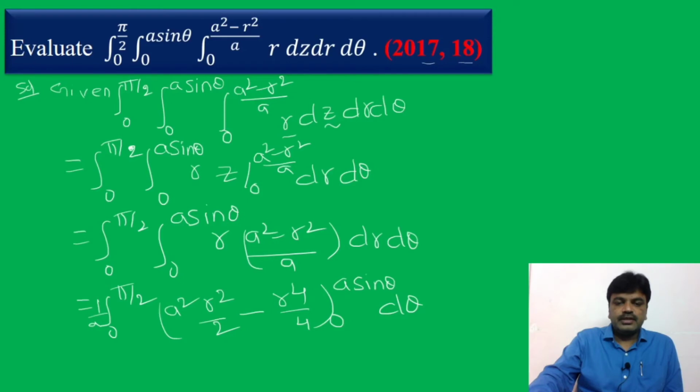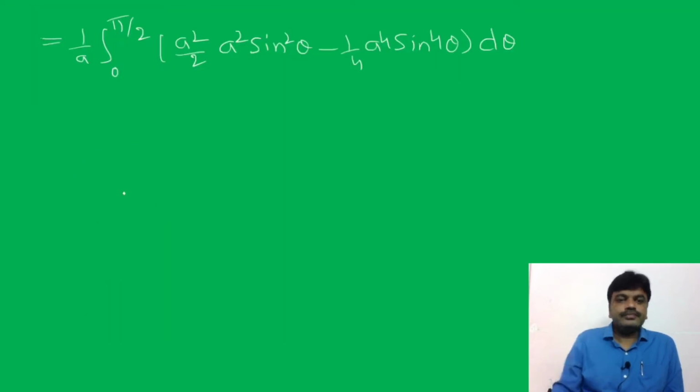Okay, that is equal to, I can take in common here, friends, a square into a square, a power 4. So I can take in common a power 4 by 2, already we have into 2. So a power 4 by 1 by a is a cube by 2.